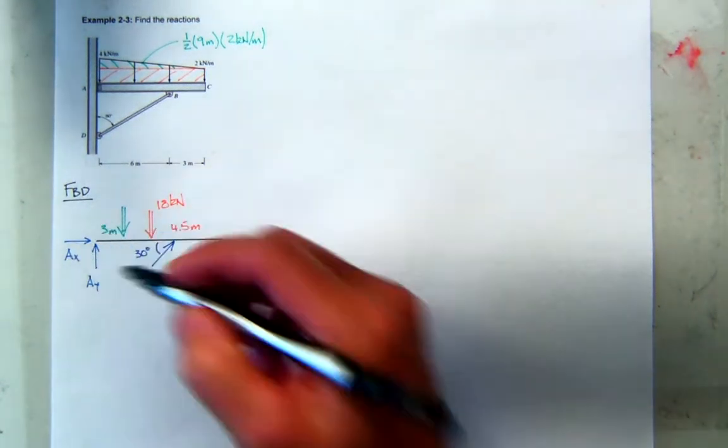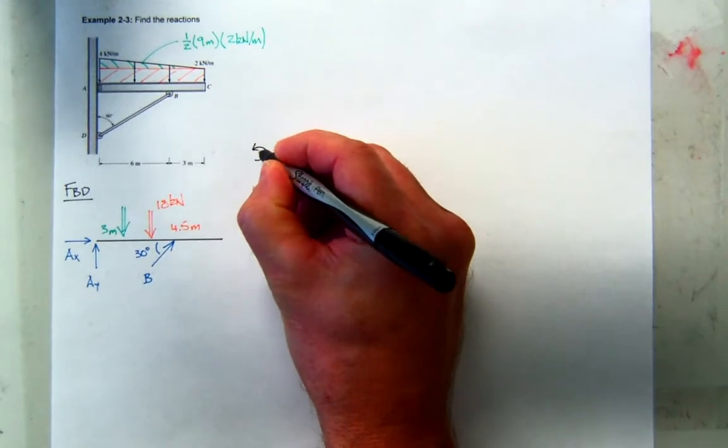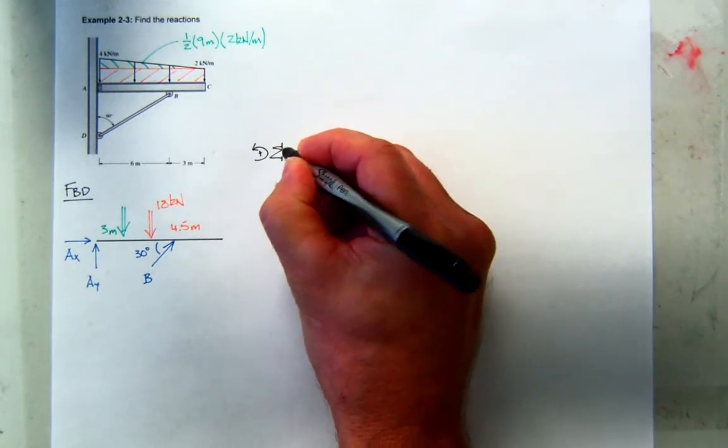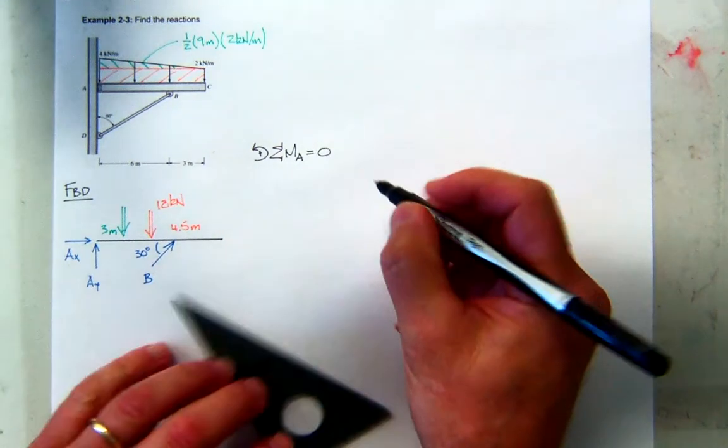A. You could do A, and oddly enough, you could do it about B. Either way, you would create one equation and one unknown. But I'm going to do A because I like to always sum my moments about the pin. So let's do that. I'm going to assume right-hand rule for my sign convention. We're going to sum moments about A and make sure it's in equilibrium.